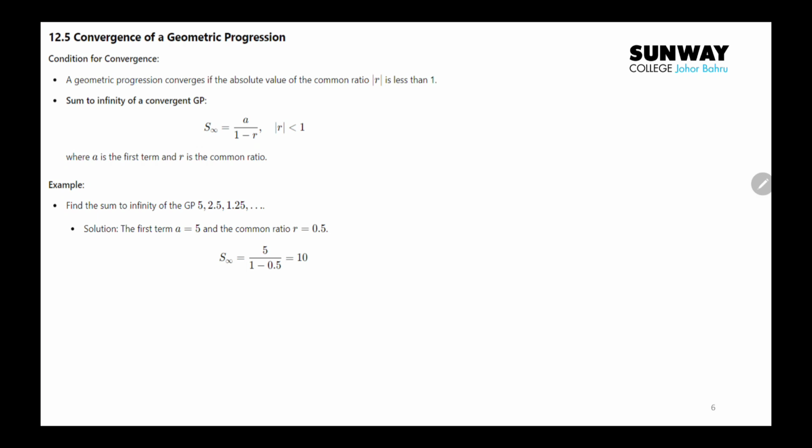Some geometric progressions are convergent. The reason is, if the common ratio is less than 1, then this list will be getting smaller and smaller, such that the next continual terms are going to be insignificant. What do I mean?